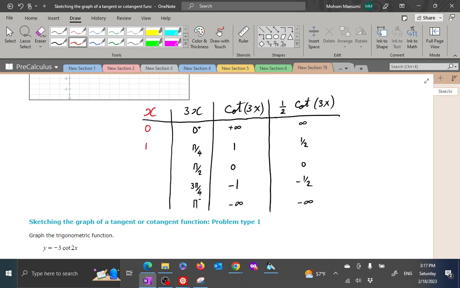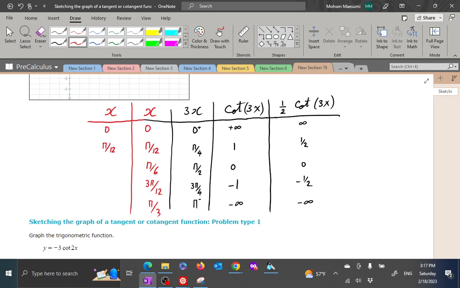So 0, pi over 12, and pi over 6, and 3 pi over 12. Again, we're just dividing all of these things across the board by 3. Like we said before, it's a little bit more comfortable if you have the same denominator. So 0 just doesn't need any denominator.